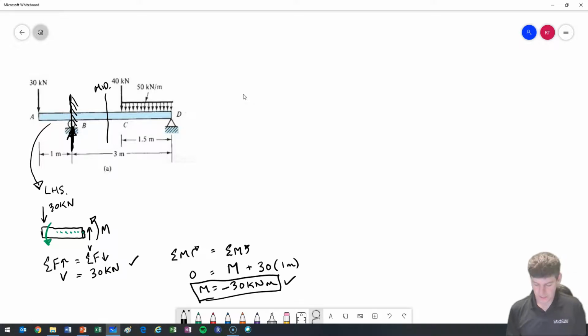And I have my answer for M. So that can be an easy question if I'm just dealing with the overhanging end. I don't need to find all of my reaction forces.